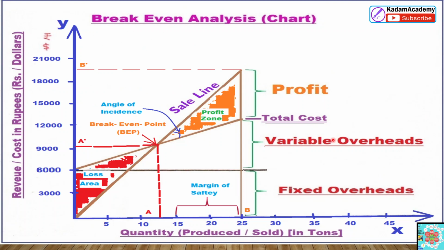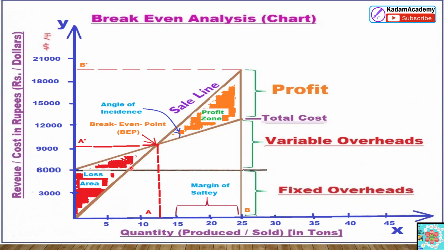But in this analysis we are going to see the break-even analysis chart. On the x-axis is the quantity produced or sold in tons. On the y-axis, we take the revenue or cost in rupees or dollars.